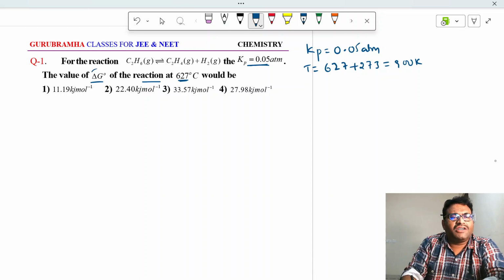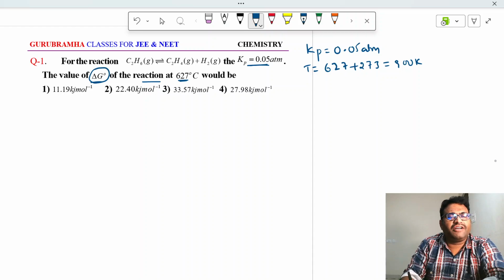So what is asked? Delta G naught is asked, and we know that delta G naught is equal to minus 2.303 RT log K base 10.